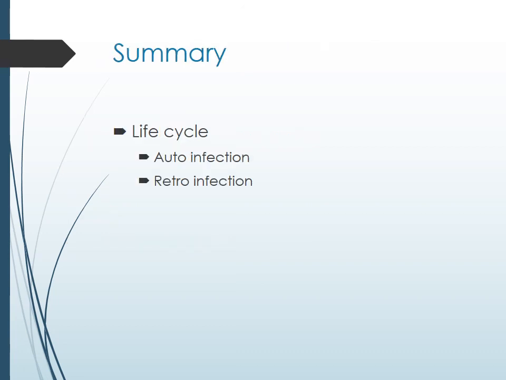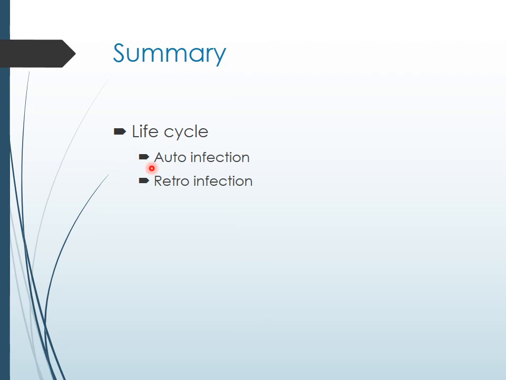Finally, in the summary, the worm is not that much pathogenic like roundworm and the hookworm Ancylostoma duodenale, but it is prevalent worldwide in the children. And two things, life cycle is important, and you have to remember two things which are unique to this.